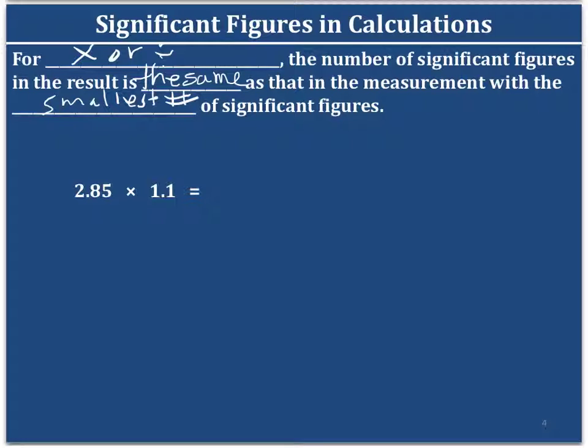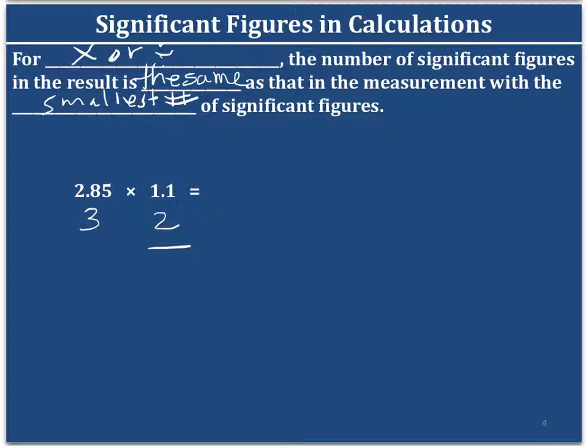It's really simple. So here's our calculation right here, 2.85 times 1.1. So 2.85, 3 sig figs. 1.1, 2 sig figs. So all that sentence is saying is, all right, identify how many sig figs each of your numbers have. Your answer has 2. It has the number of sig figs that is the smallest.